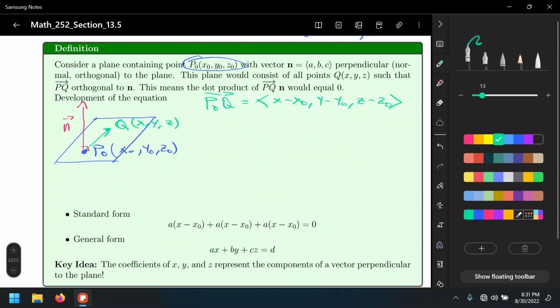All right? What are we doing? Terminal minus initial. So the initial point is P naught, and Q is the terminal point. All right? And what about that vector n, the normal vector? Let's just give it arbitrary values a, b, and c. All right?